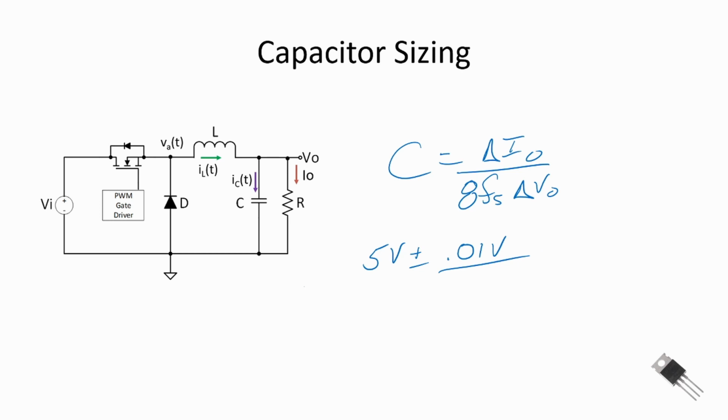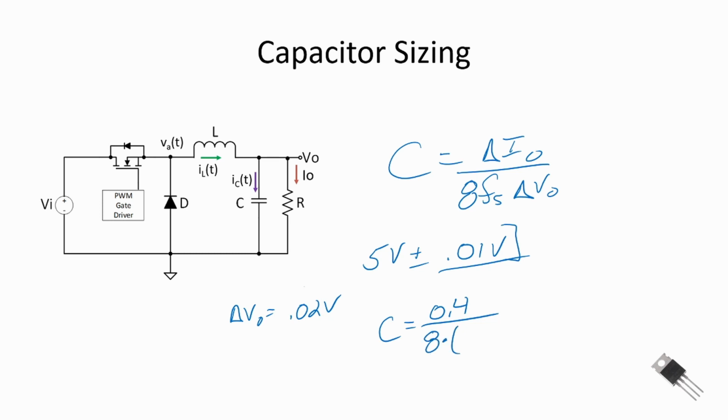Again, I'm filling in the blanks on the design, but it's something you sometimes have to do, at least to get a first cut at the values. This gives us a delta V out equal to 0.02 volts. Sizing the capacitor using all these values, we see that C is equal to 0.4 divided by 8.